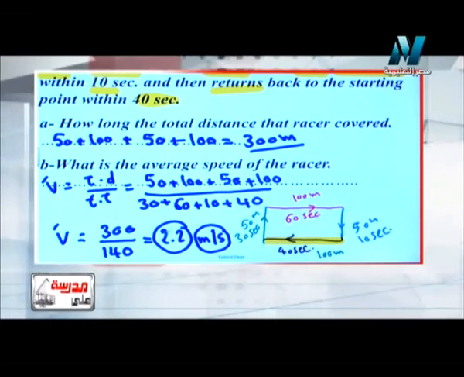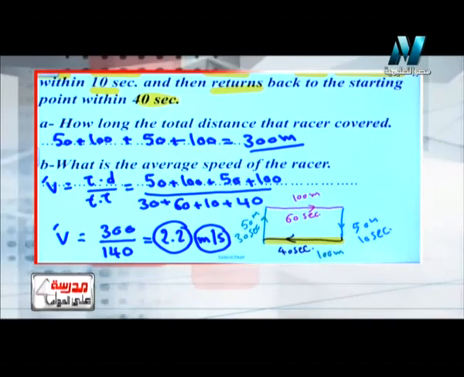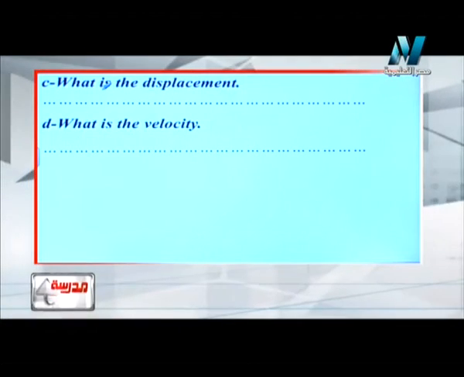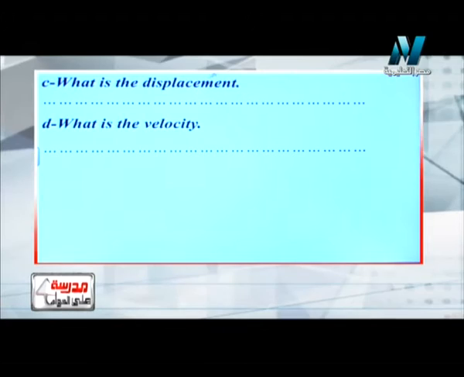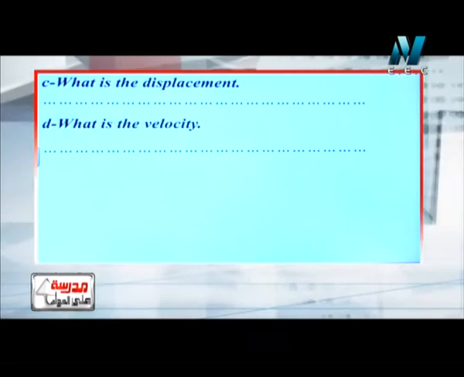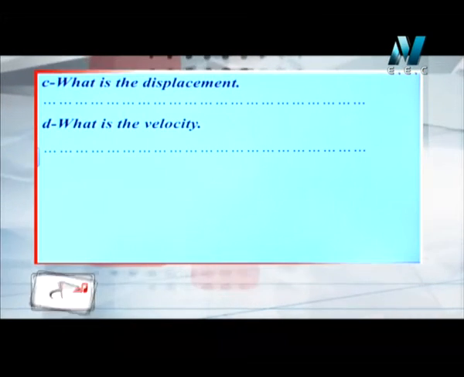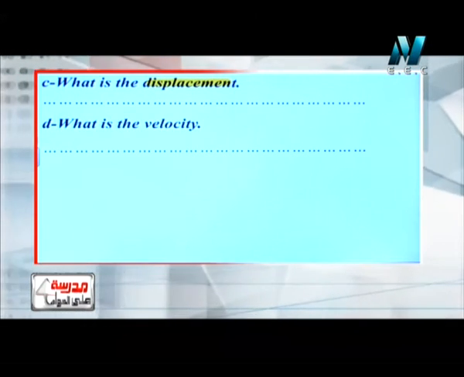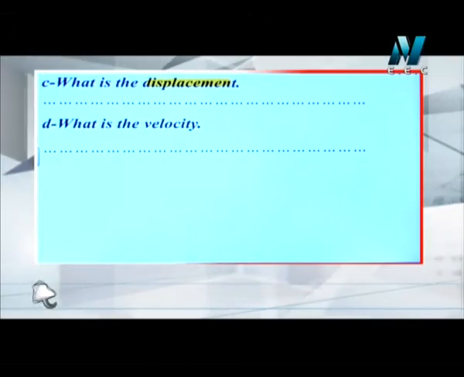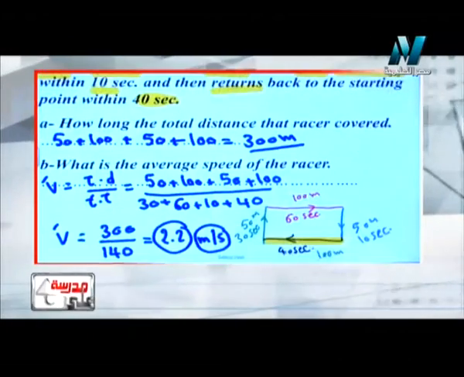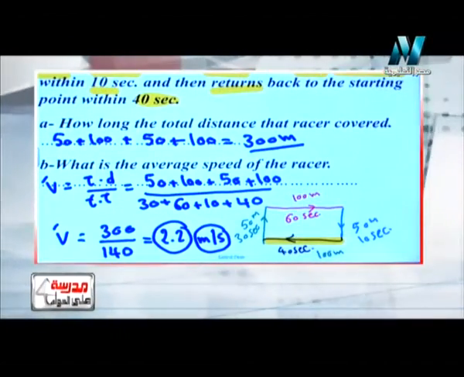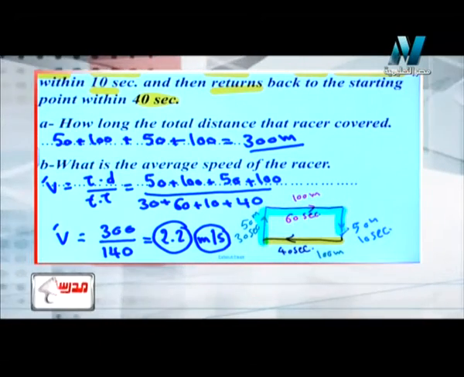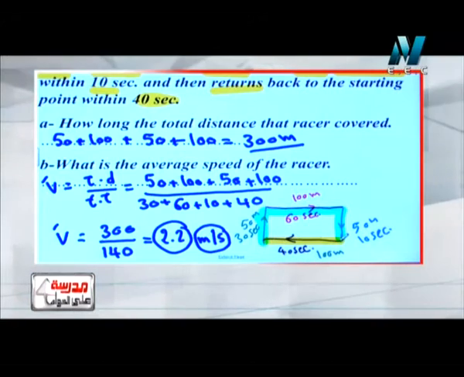We have another two questions in the same problem. What is the displacement? Here we talk about the displacement, and in this case the body returns back to its origin point. As you can see, the body moves in this direction, then in this direction, then northward, then southward, then returns back to its origin point.